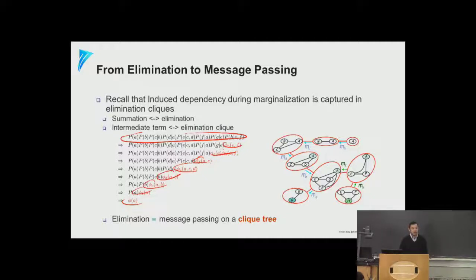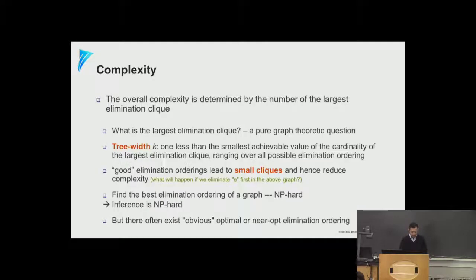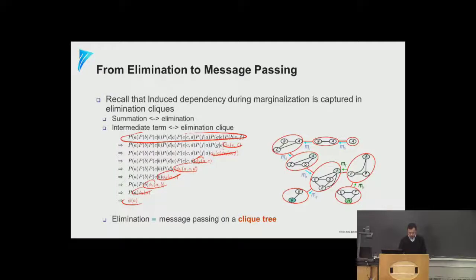One of the utilities of this message passing protocol is to help us figure out the complexity of the inference, because every one of these cliques, such as this one, represents a local operation that has to be computed exactly.